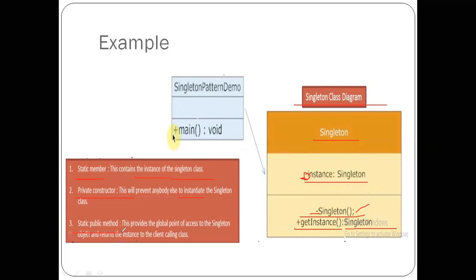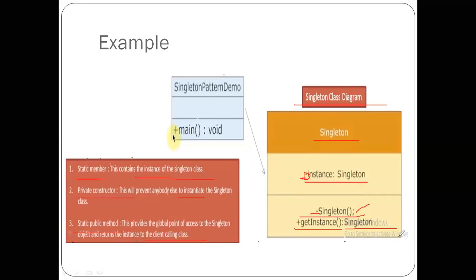Next, coming to the third key point, static public method. Here we have defined one method, the getInstance method. This provides a global point of access to the singleton object and returns the instance to the client calling class.